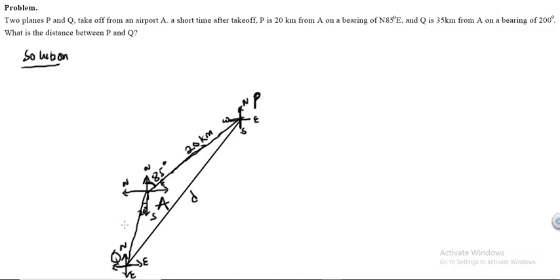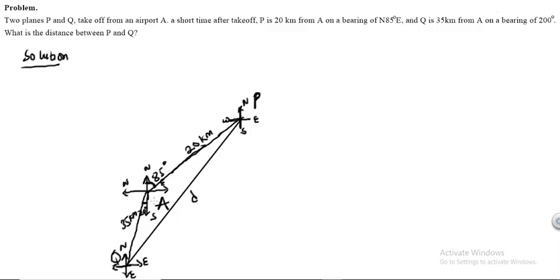So we know that this is 35 kilometers, the distance from the airport to where plane Q ends. Then we know that this is 20 degrees.